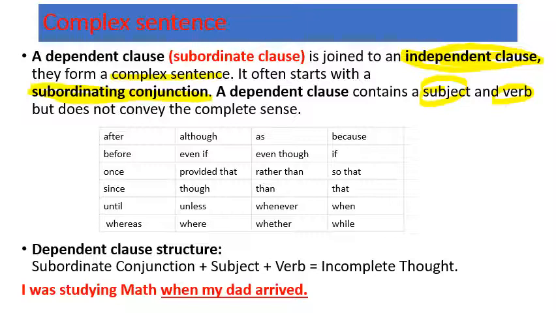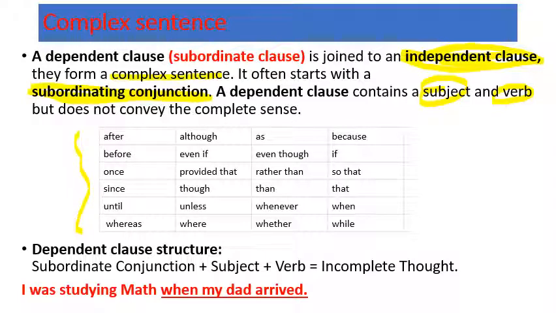Briefly again, it needs an independent clause to complete the idea. It starts with a subordinating conjunction and it has a subject and a verb. These are a list of some subordinating conjunctions that introduce the dependent clauses. Okay?